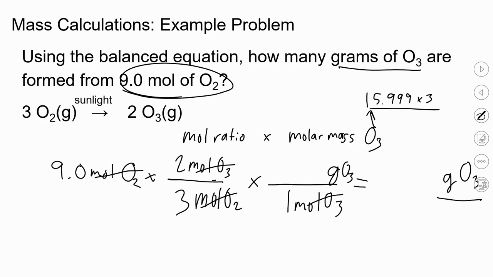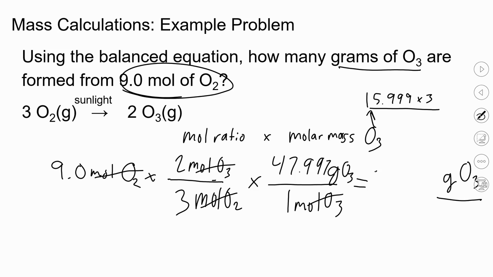So I'm going to find the molar mass: 15.999 times 3. Okay, and then we just multiply through. We multiply across the top and then divide. So 9 times 2 times that number that we just got, divided by 3.